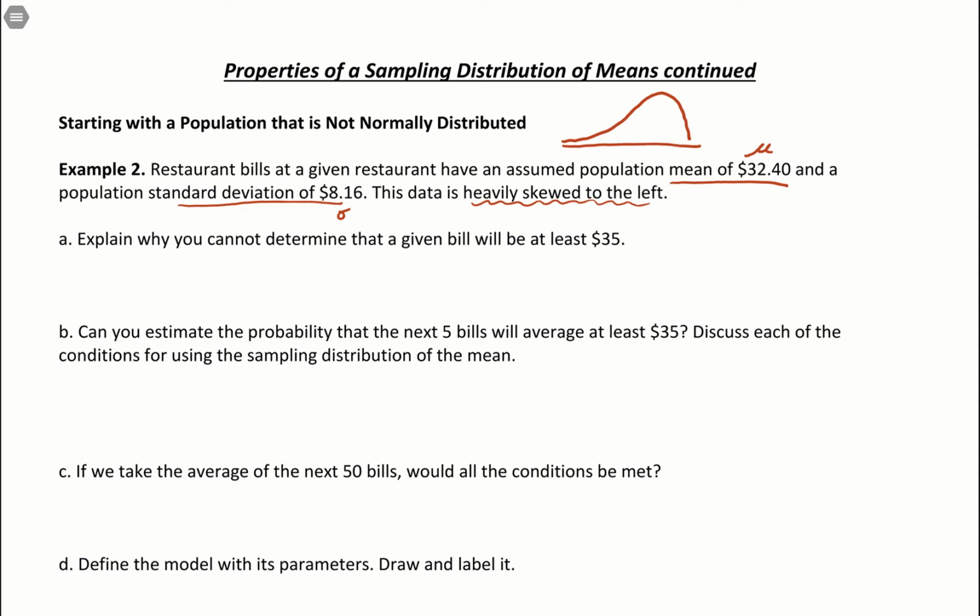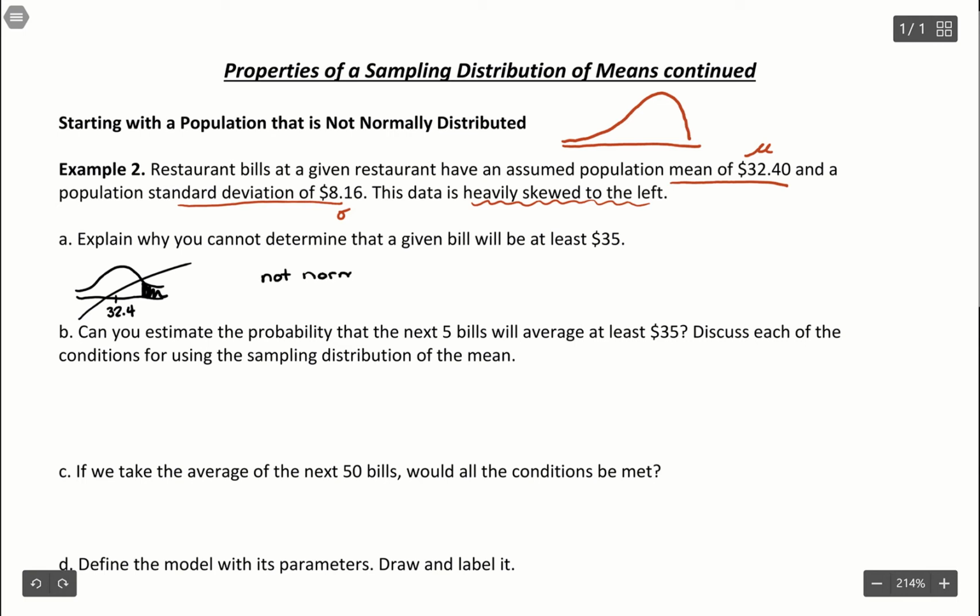So if we had a bell-shaped curve, that's where we would go, draw our curve, and we know we'd be centered at 32.4, and then we'd have our cutoff of 35 and find the probability above, but we don't have that bell-shaped curve, so that all gets thrown out the window. So with this, it's not normally distributed, so we can't find the probabilities.